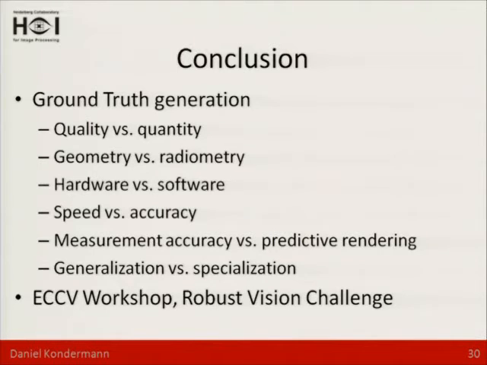Speed versus accuracy. Our algorithms for ground truth generation can be slow and can have a human in the loop. Measurement accuracy is important for real data, and predictive rendering, like having physically correct models, is important for synthetic data. Or is it? We don't know. And then finally, generalization versus specialization. I think this is a very important point.